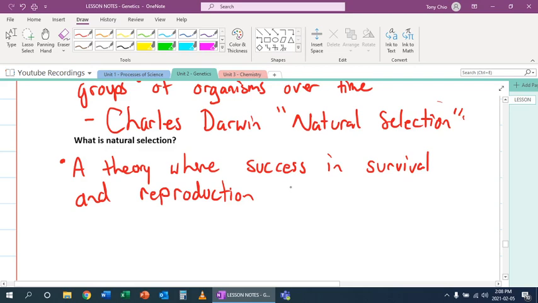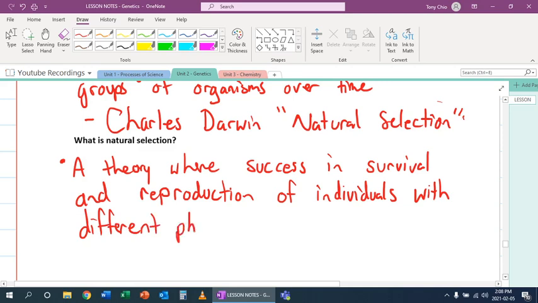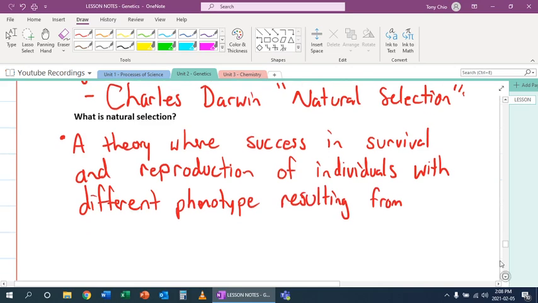So it's a theory where success in survival and reproduction of individuals with different phenotypes results from interactions with its environment.